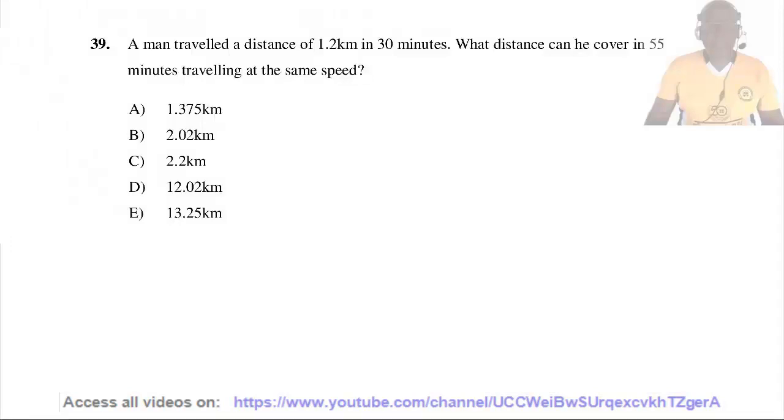Question 39. A man traveled a distance of 1.2 kilometers in 30 minutes. What distance can he cover in 55 minutes traveling at the same speed? The man in 30 minutes traveled 1.2 kilometers. Therefore, in 55 minutes, he will travel more. If more, we multiply by the larger over the smaller.